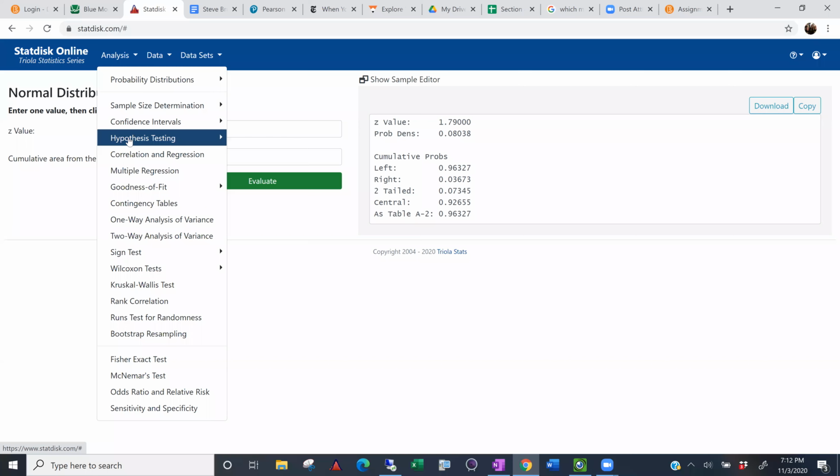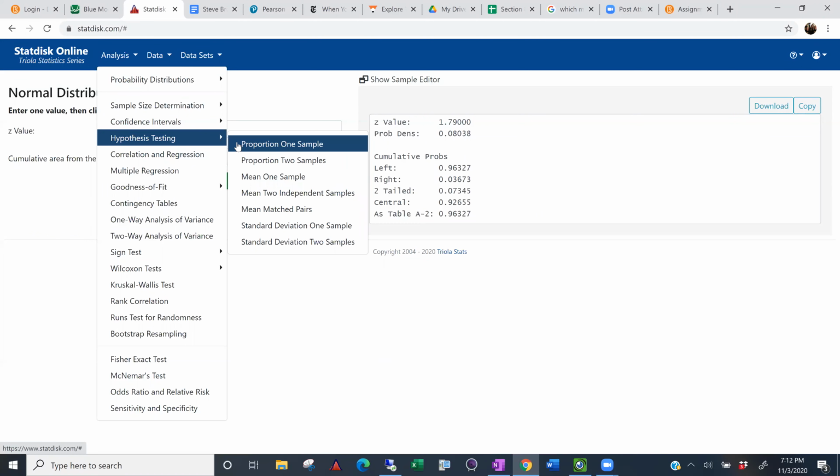And from there, you click that, proportion 1 sample. So that's going to take us where we want to go.